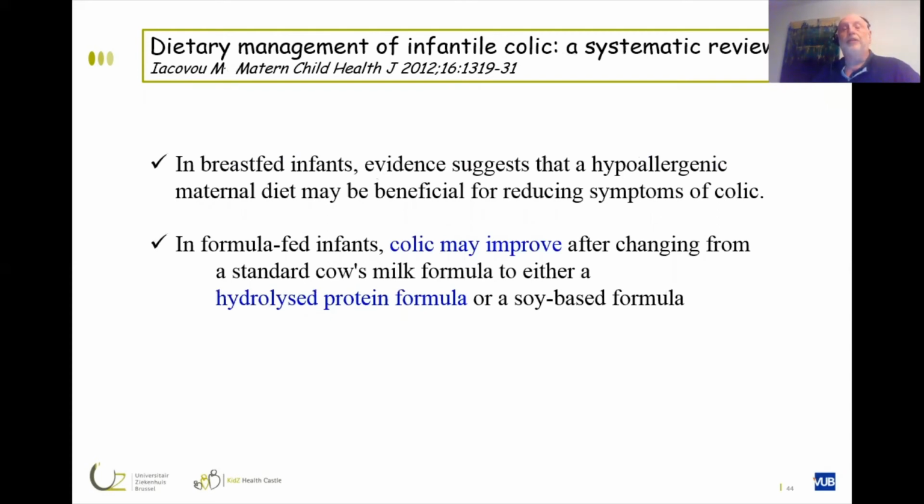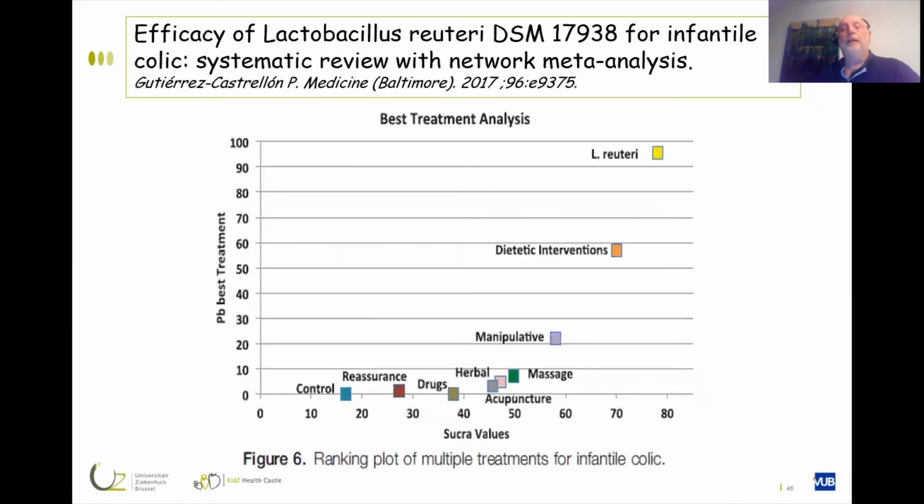Same from this systematic review, that colic may improve with a hydrolyzed protein formula. And this meta-analysis, which was performed by someone from your country, Pedro Gutierrez Castrellon, showed that in infants which are formula fed, dietetic interventions are much more effective than drug interventions or any other interventions for infantile colic.